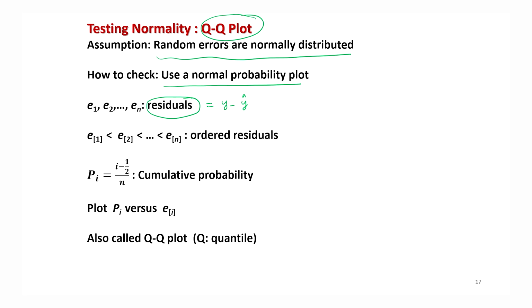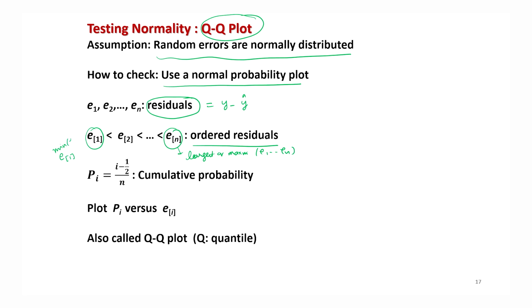So we try to obtain the ordered residuals. Ordered means whatever is the minimum value out of e1, e2, ..., en is indicated here as e in square brackets with subscript 1, and e subscript n is the largest, or maximum, value of e1, e2, ..., en.